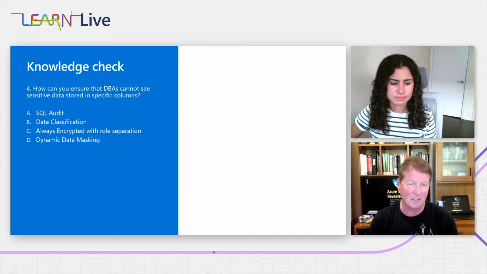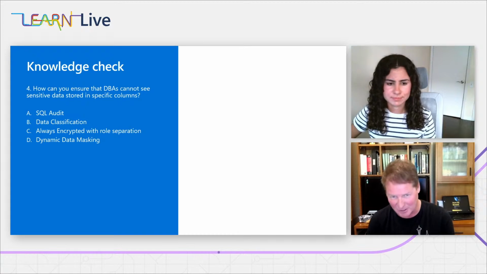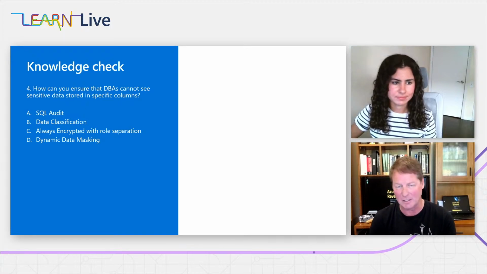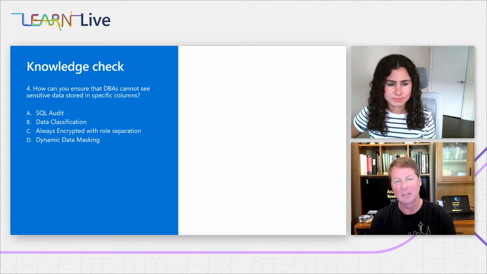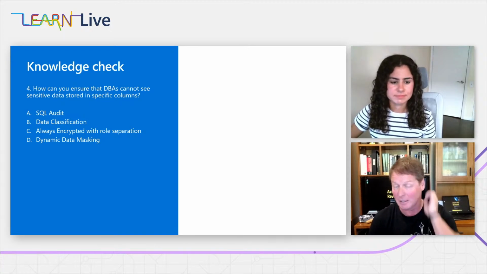Dynamic data masking is interesting because the whole idea is to mask looking at data from a SQL perspective, even when you've run a SQL query or an app, but typically DBAs are the ones controlling the masks and the permissions to the masks. So they typically can see that. The only way to do this is C, because remember about Always Encrypted. Always Encrypted is specifically designed for this separation, where the business owners or the app owners are the ones controlling encryption, not the DBA.